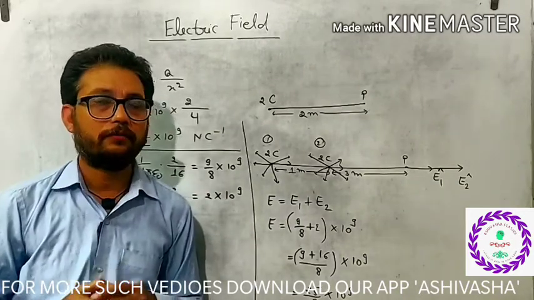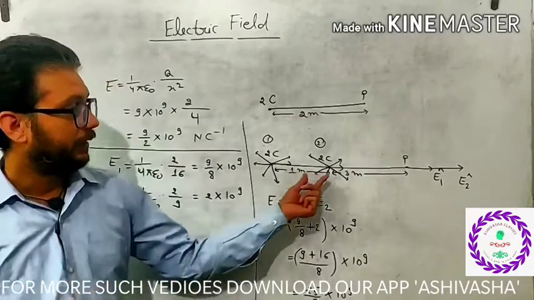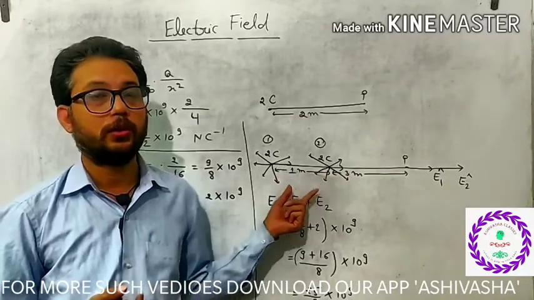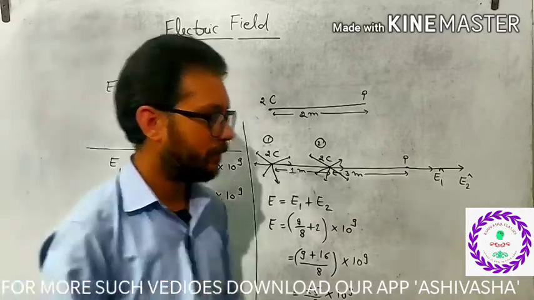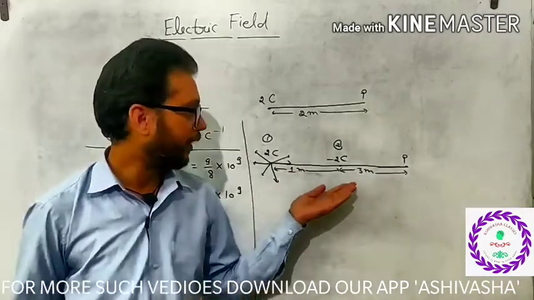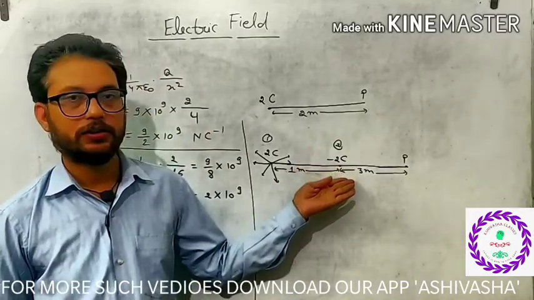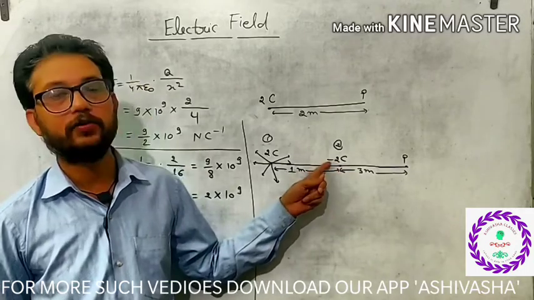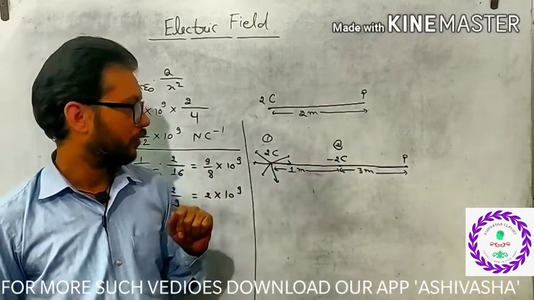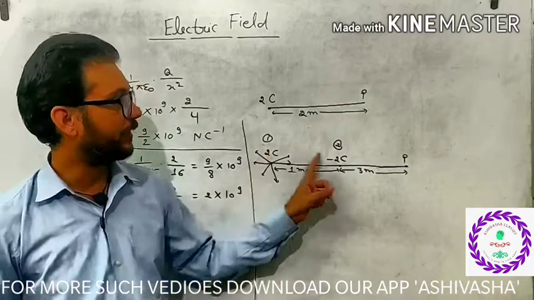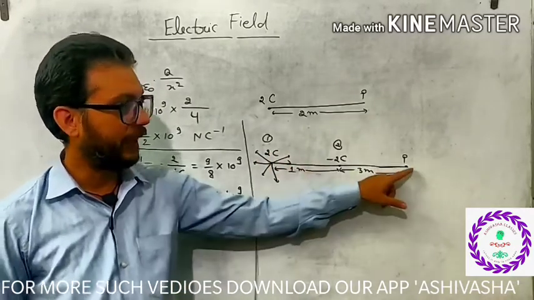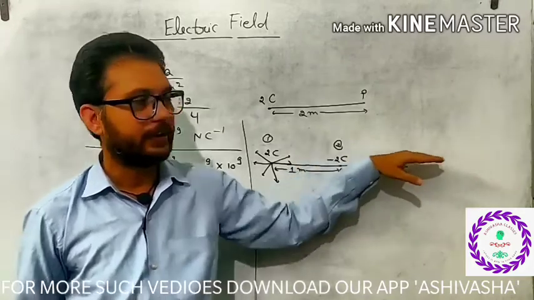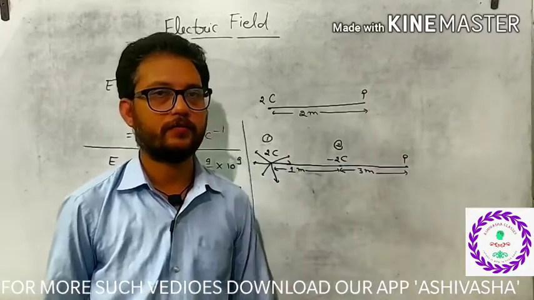Now what if one charge out of the two becomes negative? Let's see. We are supposing that the second charge is of negative sign. In the previous question, both charges are positive and the direction of electric field at point P for both is radially outward.